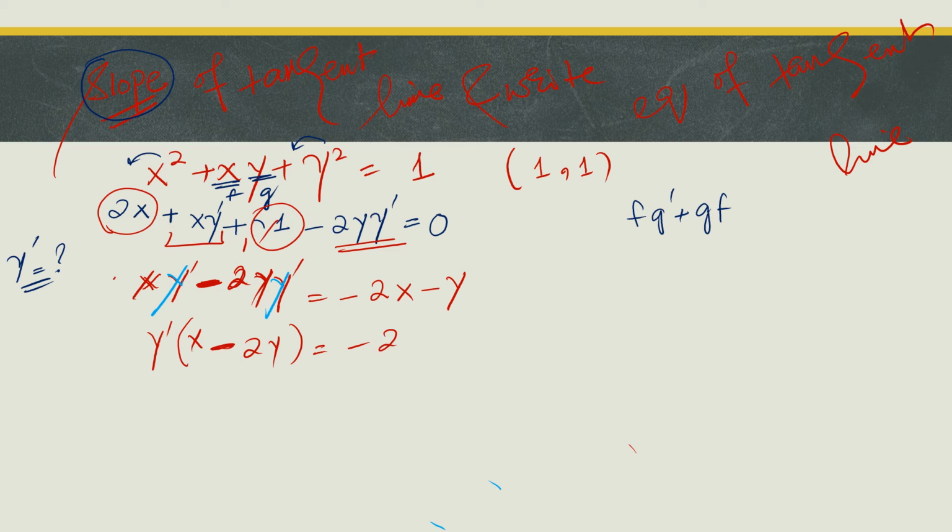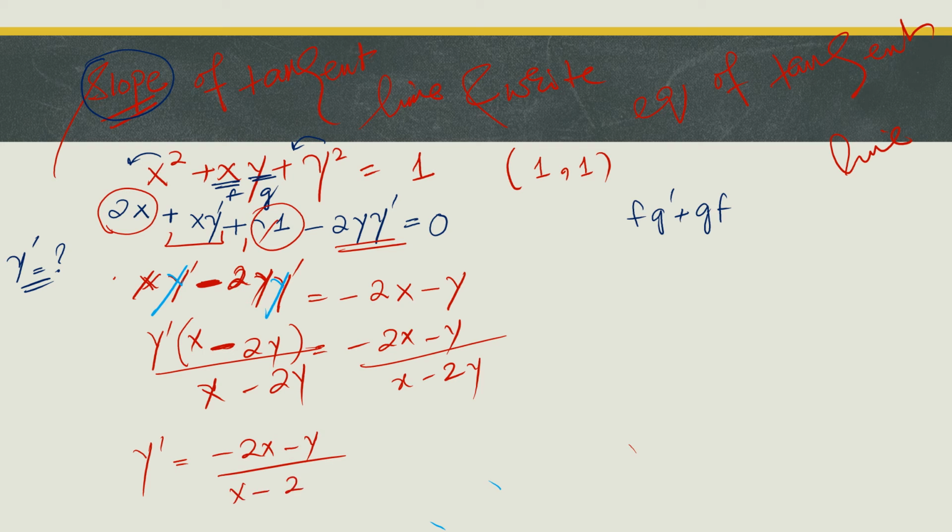Write all the terms on the right hand side as they are. Now, in order to solve for y prime, divide by the terms multiplying the y prime. So your final answer is y prime equals minus 2x minus y divided by x minus 2y. No need to simplify more.